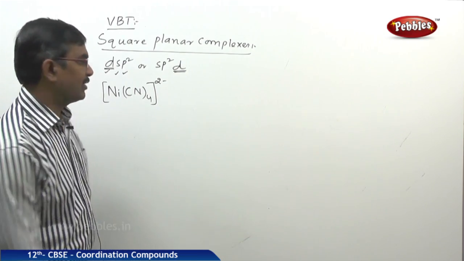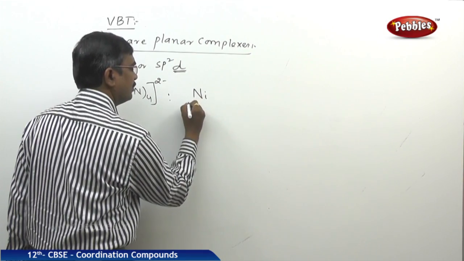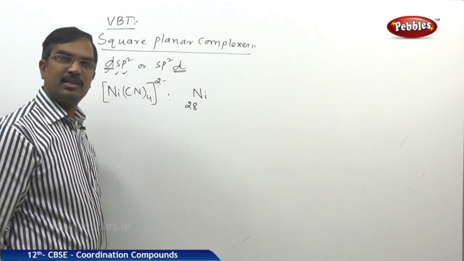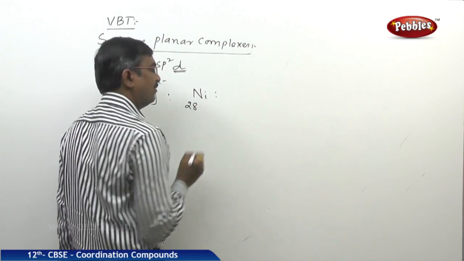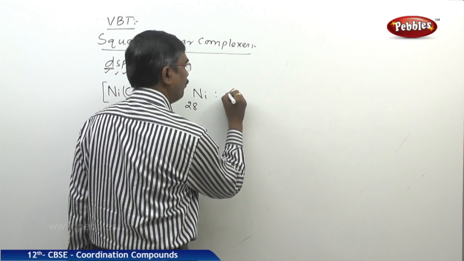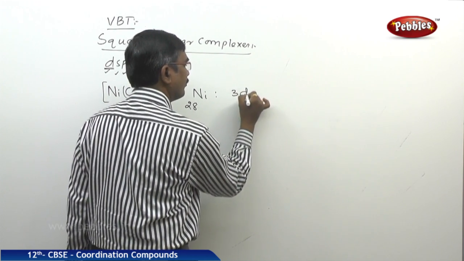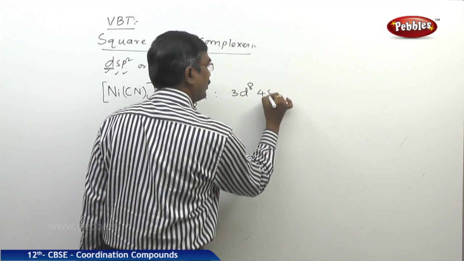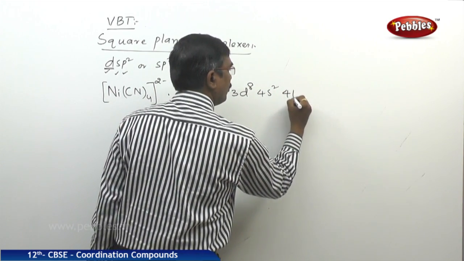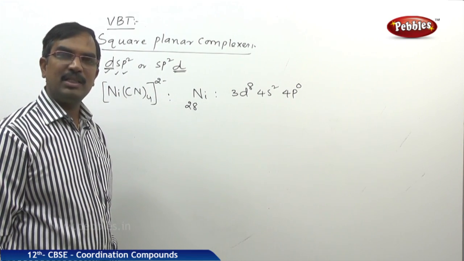Nickel has atomic number 28. Writing the configuration of the nickel atom, it has 3d8, 4s2, 4p0.